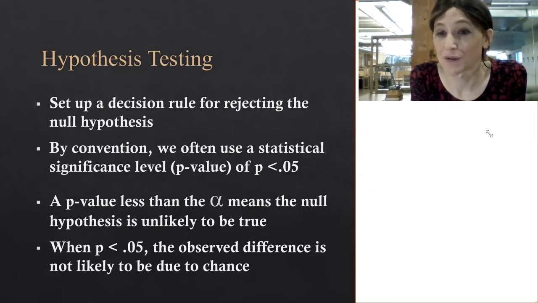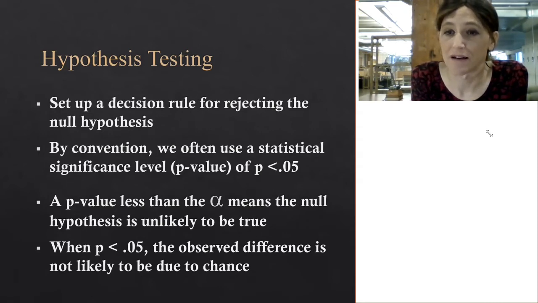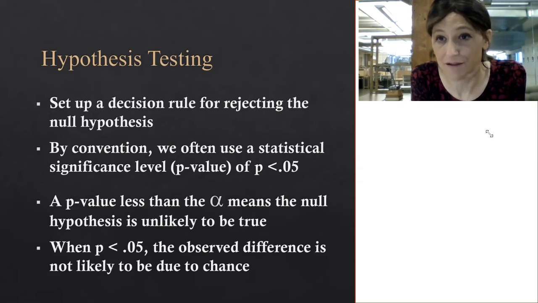And so the smaller and smaller that p-value gets, we say 0.01 or 0.001, then we say it's very, very unlikely that our null hypothesis of no difference or no association is true, and therefore we can accept the alternative hypothesis that there is a difference.